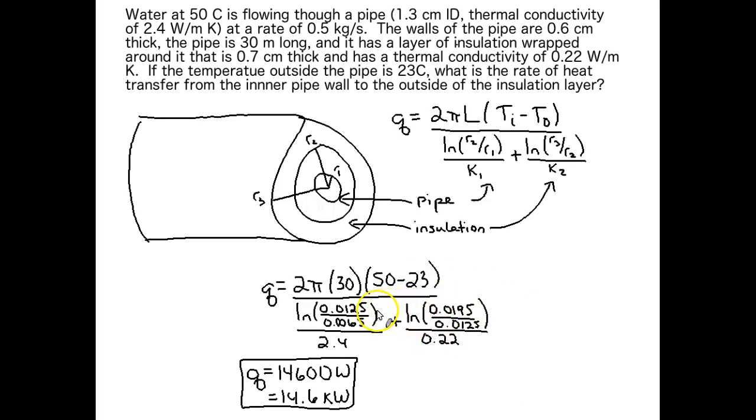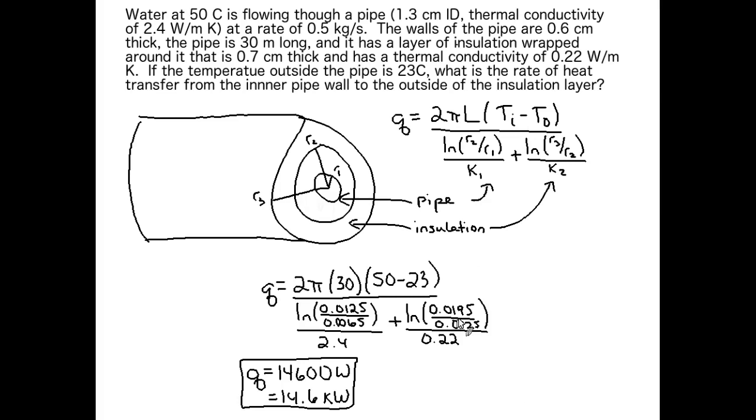It's pretty easy to see where the 0.125 and the 0.0065 come from. Those are given to you in the problem as the outside and inside diameter of the pipe. The 0.0195 radii came from the outer radii, which is 0.0125 for the pipe, plus that insulation thickness.